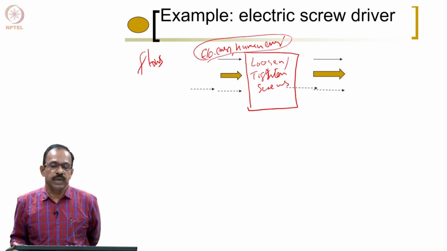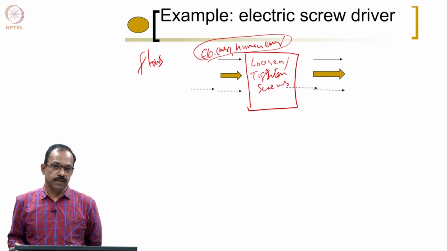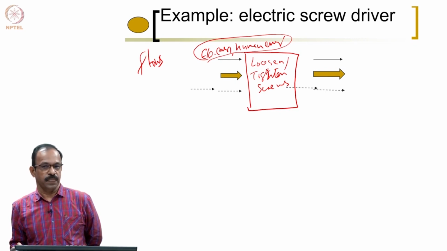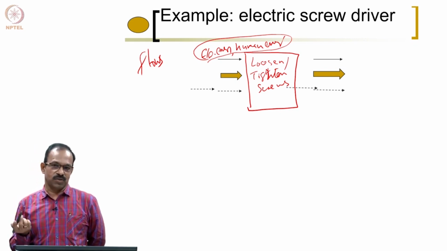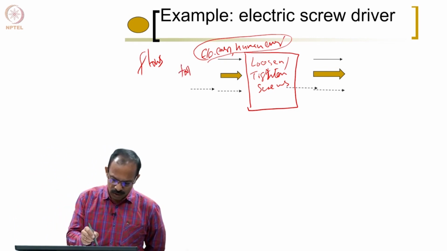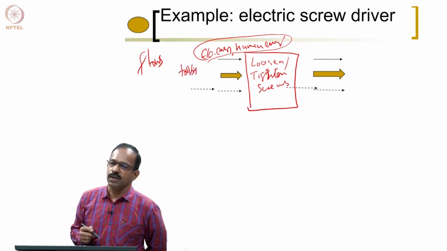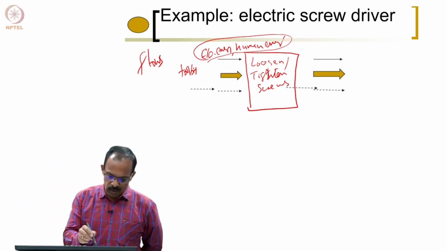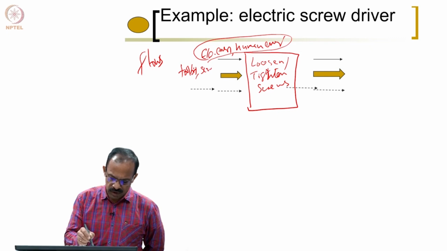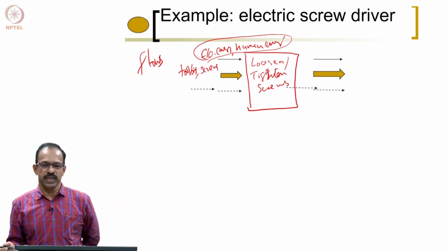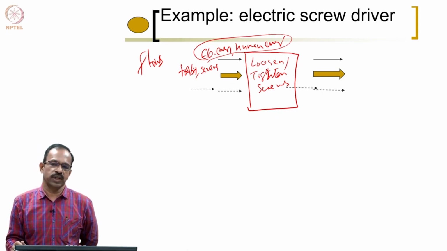Now, what are the materials going inside? So, one may be a tool bit. We may have to have a tool bit in order to screw. So, a tool bit will be used, and then maybe screws, we will be using screws to fix something. So, the tool bit and screws may be the materials going inside.